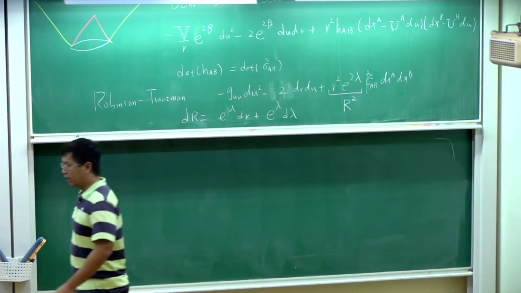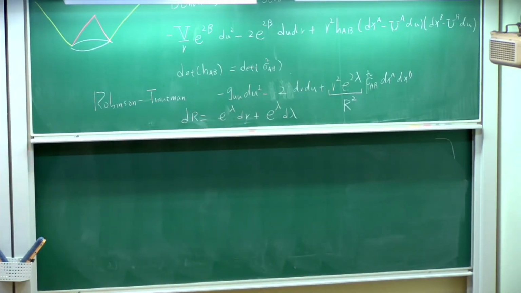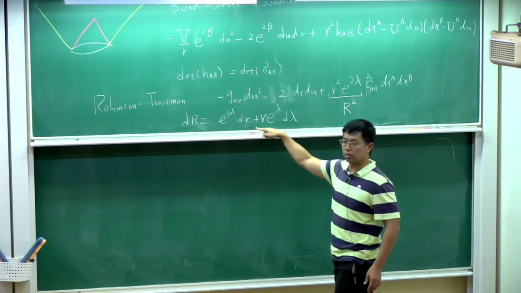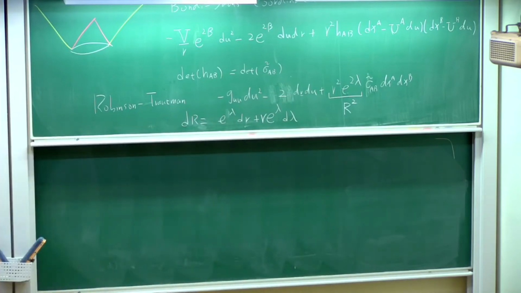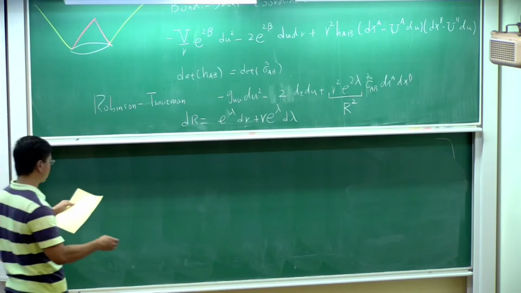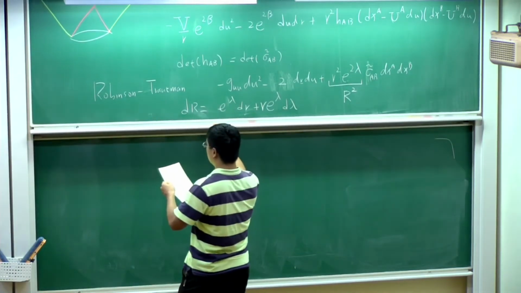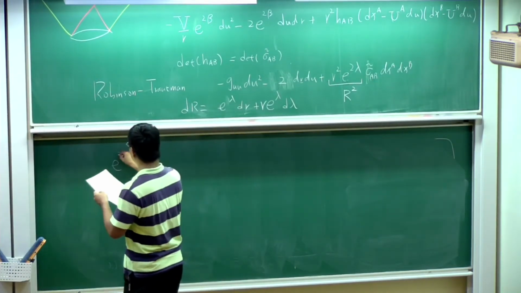Okay? And indeed, let me just write down the result. So that form, then I'm arriving at the metric, which is, sorry, form to 2 beta.